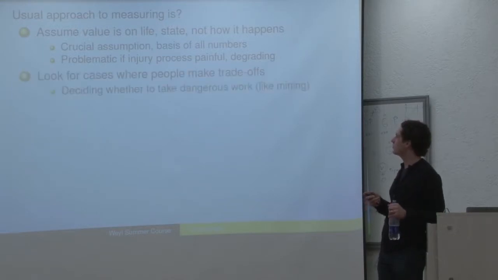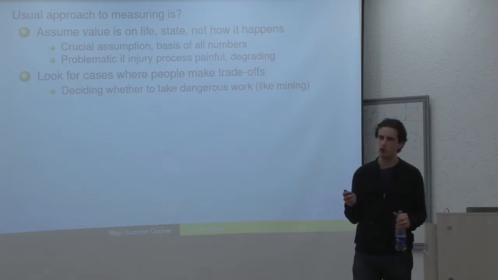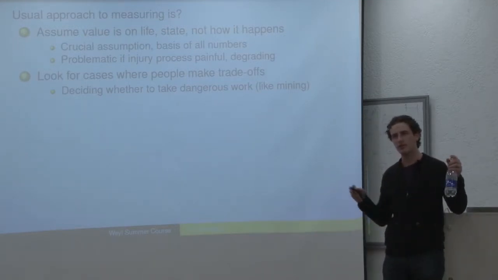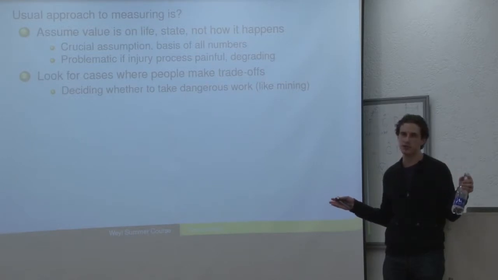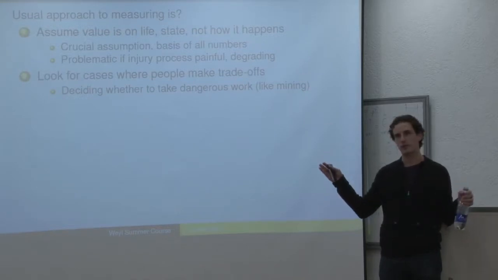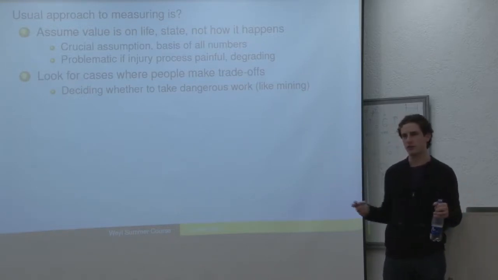But then you look at cases where people make a trade-off. So for example, you figure out how much more you get paid to be a miner than to do something else that requires pretty much the same education, because we know that it's very unsafe to be a miner. And you try to control for as many aspects of the workplace other than the risks created.